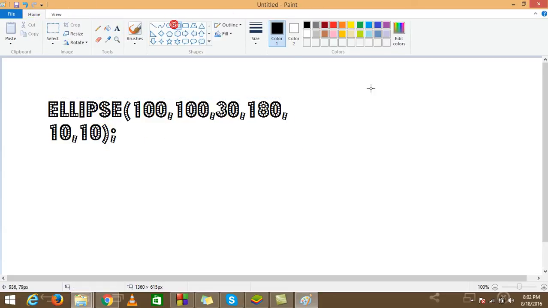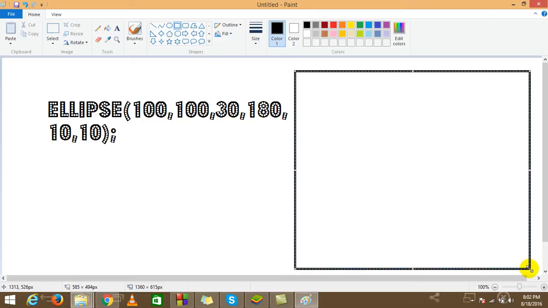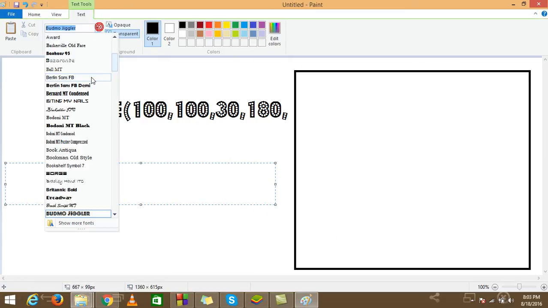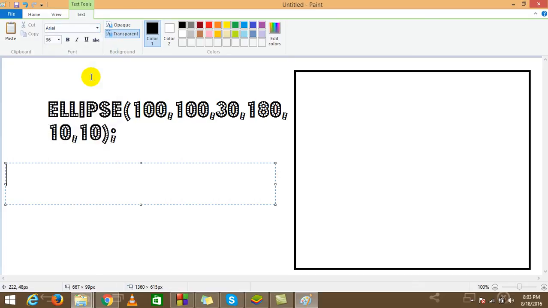and make a screen. Now here in this screen, in ellipse we have about 1, 2, 3, 4, 5, 6 arguments. So I'm gonna write here stepwise what exactly each argument does. Our first argument is, as always, the position of the center of the ellipse from the x-axis, 100.